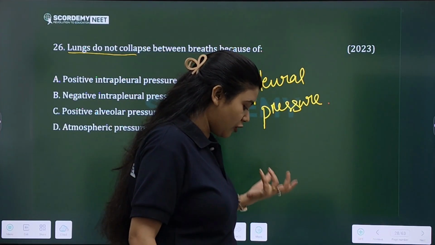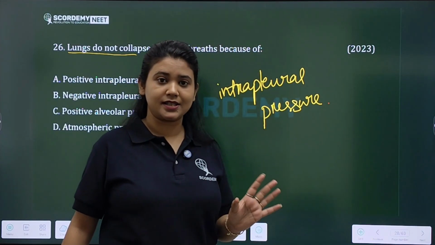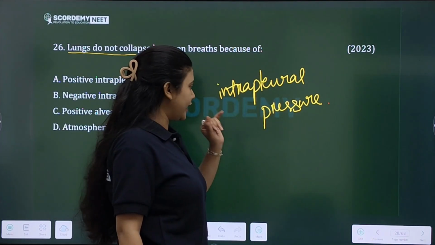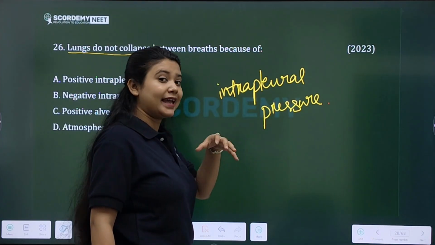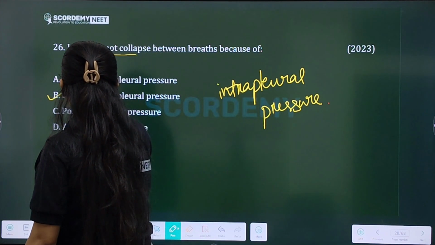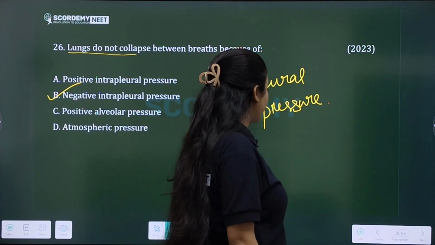So this factor is another important factor responsible for prevention of the collapsing of lungs. Now exactly how does intrapleural pressure control collapsing of lungs? This is your negative intrapleural pressure.